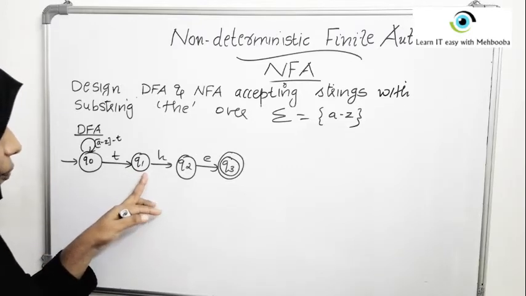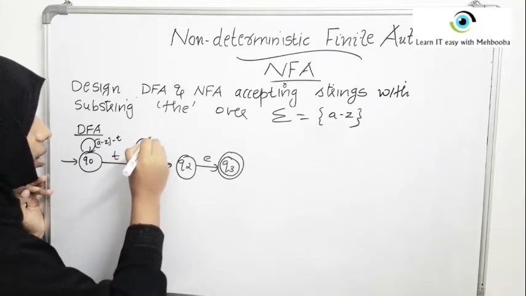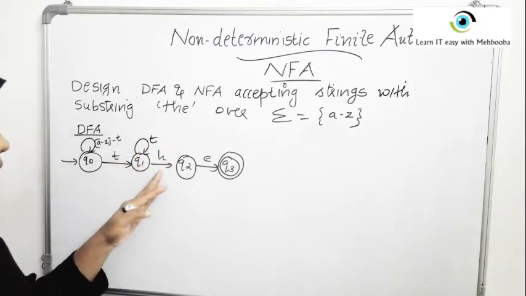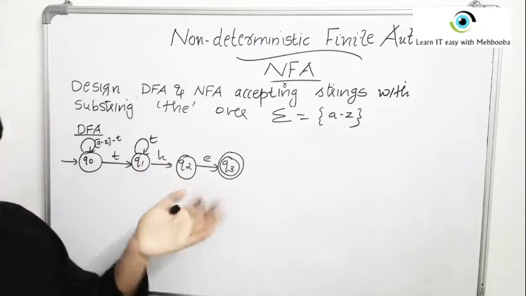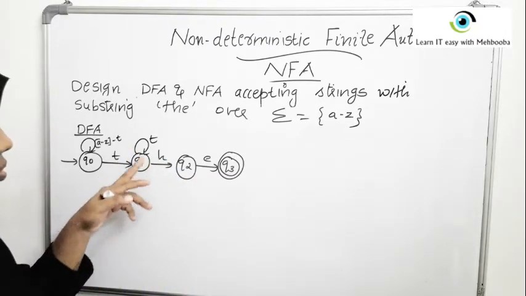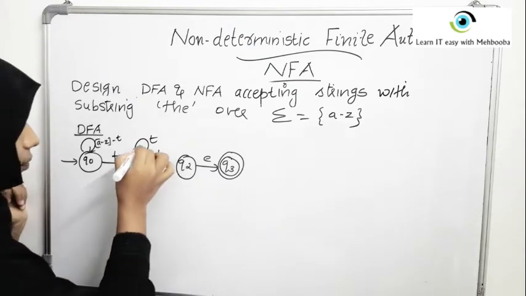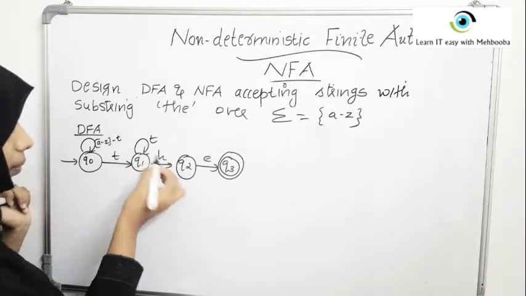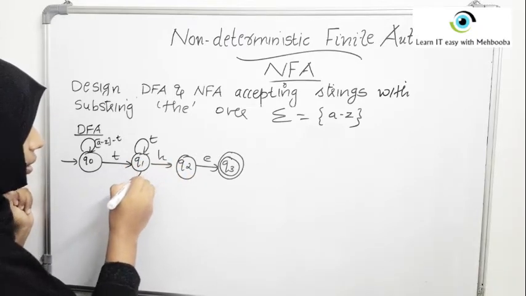Now what if at Q1 T is coming? You can just stay here, because when you get H, you can still get T, H, E and go ahead. If you are not getting T or H at this point, you can just come back here.